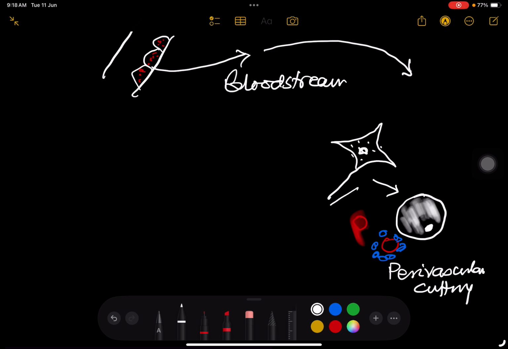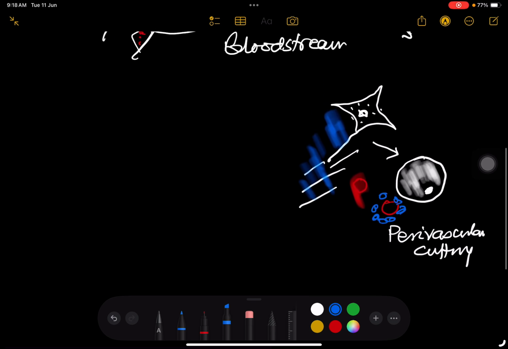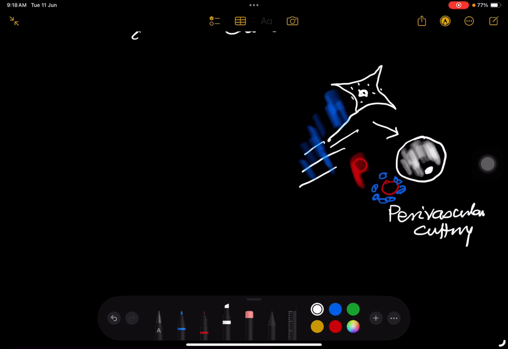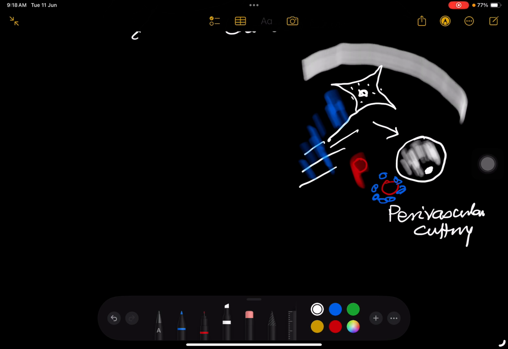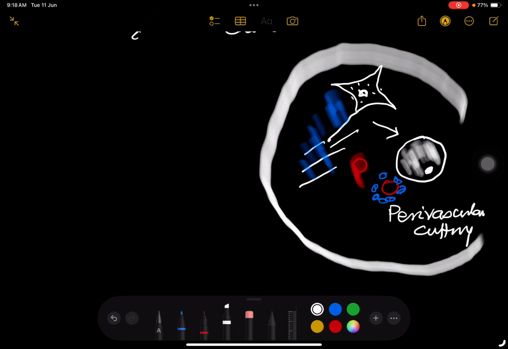Then in the glial tissue there is a lot of edema. So this is the histology of changes in the spinal cord.